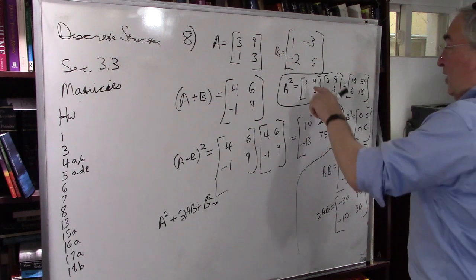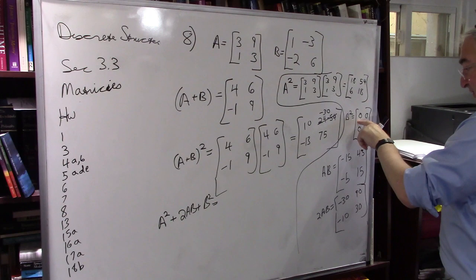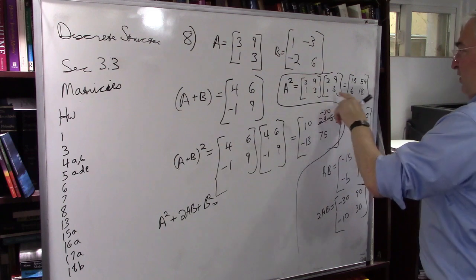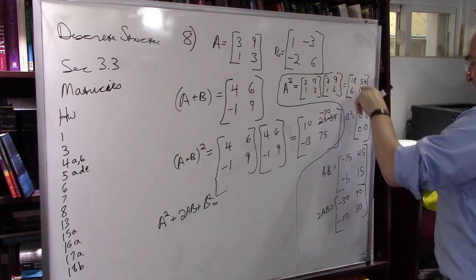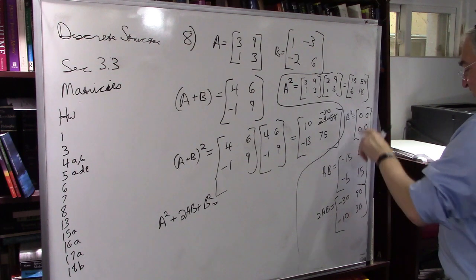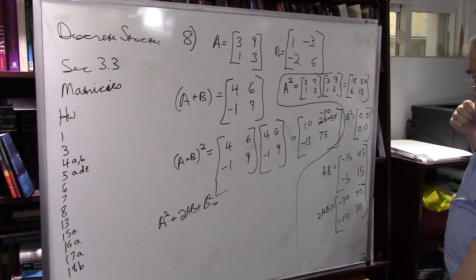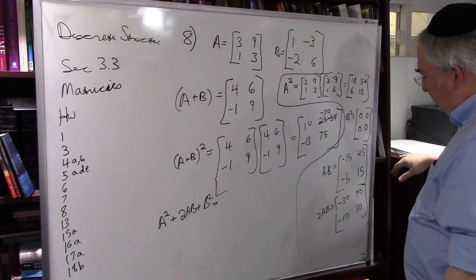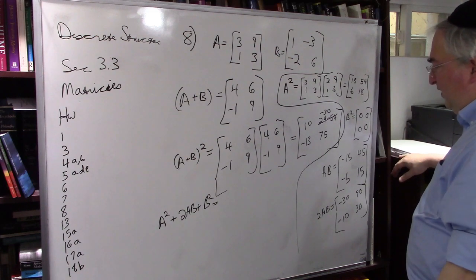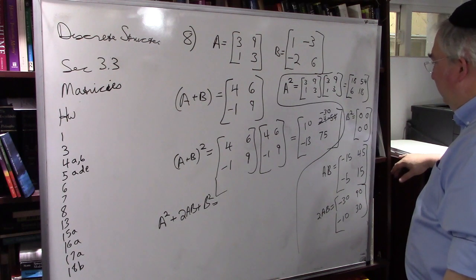Okay, so now we have to add it. 18 plus minus 30 plus 0. 18 plus minus 30 is 12. Okay, but I got a 10 over here, so that's not good. I think we have to multiply B squared again.